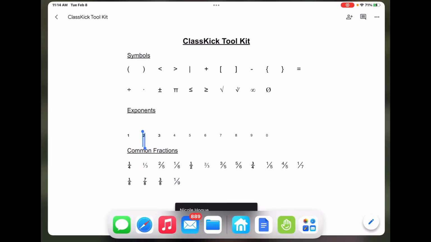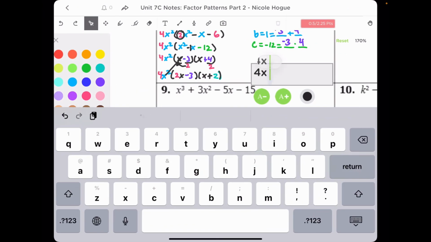Copy, paste, times 2x minus 3 times x plus 2.